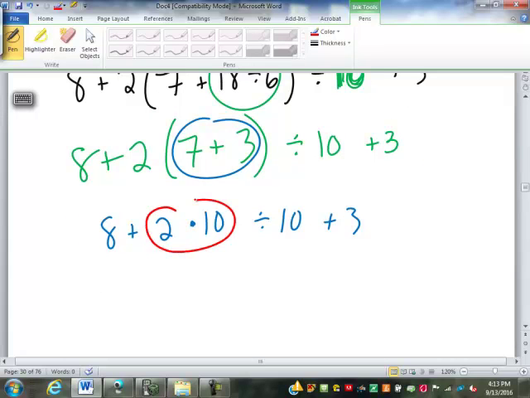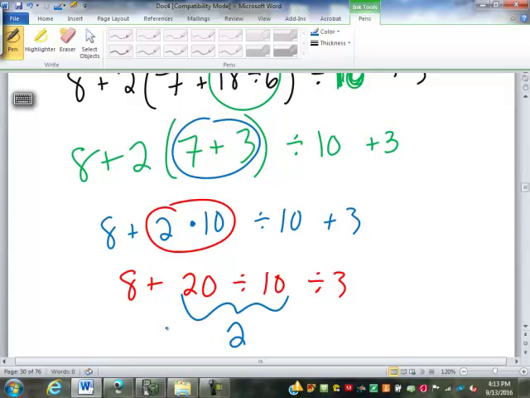I would have to do the 2 times 10 first. Then I could do 20 divided by 10, which is 2. And then I changed that to divide somewhere. That's got to be a plus.